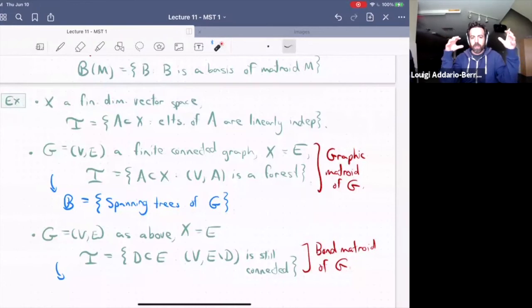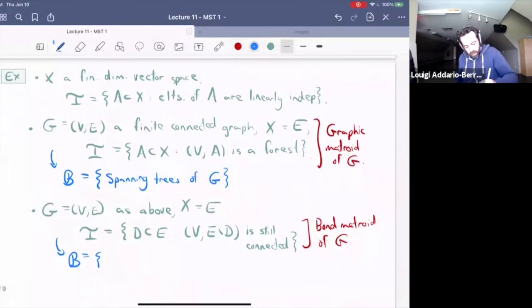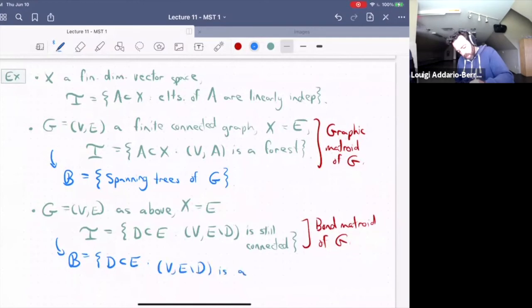Because if when we remove a set D, there are still cycles in what's left, then that gives us additional locations where we could remove edges, and we wouldn't have a maximal independent set. Okay, so here the set of bases is the set of edge sets D such that (V, E minus D) is a spanning tree.